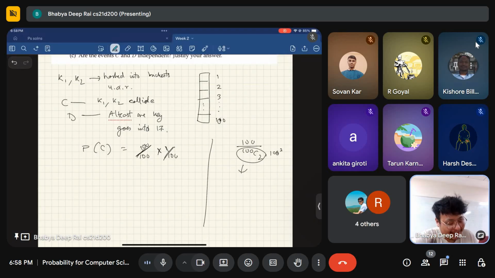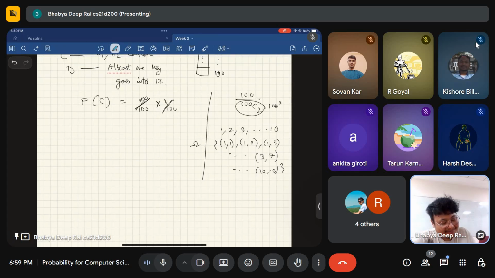I think I get what you mean. It's like if instead of 100, I have 10 buckets. So let me take the sample space. The first key gets mapped to the first place and the second key gets mapped to the second place. First key maps to first bucket and second key gets mapped to second bucket. First key to first bucket, second key to third bucket, and so on, until first key gets mapped to third bucket and second to seventh bucket, and so on till 10, 10.